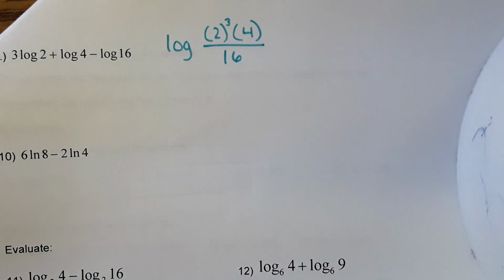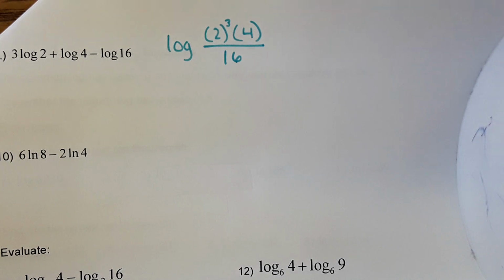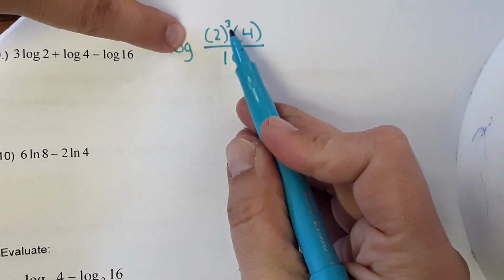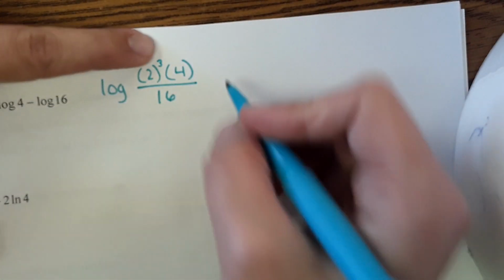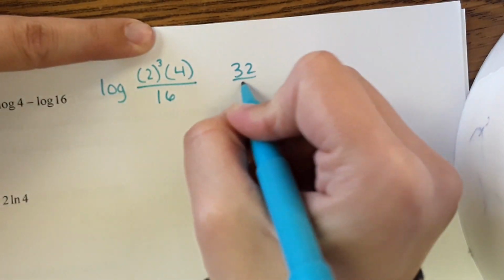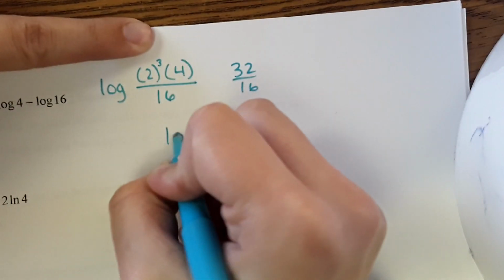Which page is that? The next one? Okay. 2 raised to the 3rd power times 4 over 16. This would be 8 times 4, 32 over 16, so that would just be 2. So log of 2.